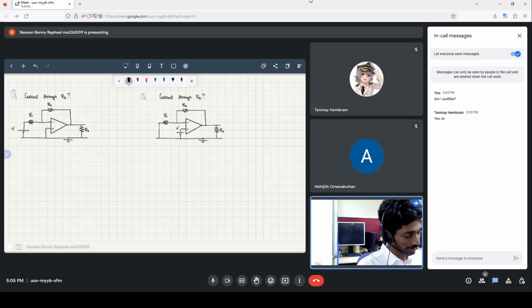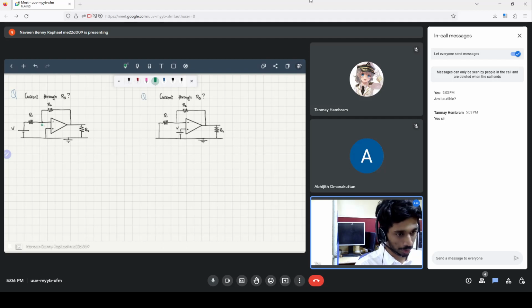the voltage at the minus and the plus of the operational amplifier will always be the same. So here the plus is grounded. That means the potential at this point will be zero.